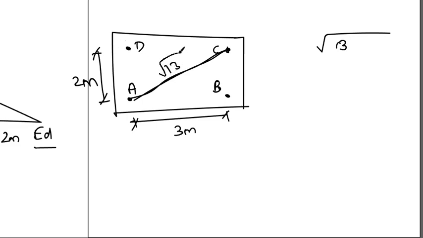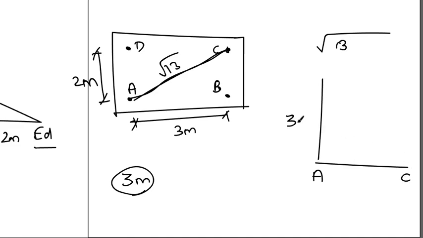And the mounting height, for example, if I consider the mounting height as 3 meter, how will my triangle look like? I have point A, point C, the mounting height is 3 meter, and the distance between point A and point C is root 13.